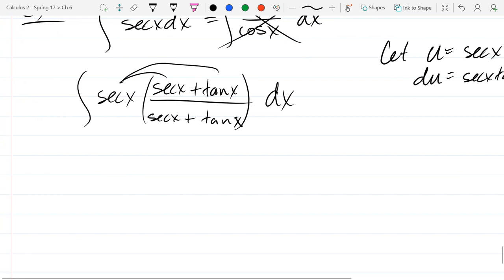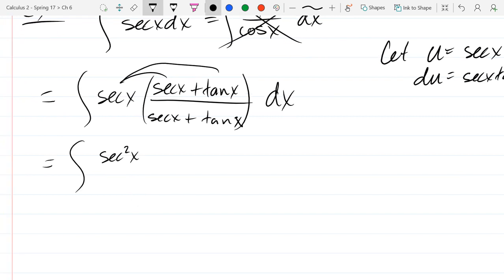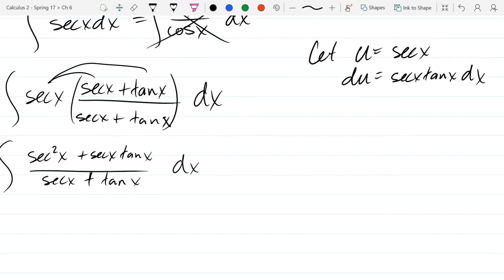This is just algebra. The du I just saw was basically that part that I circled. But unfortunately, there's addition happening, so I can't just make that substitution. If that was multiplication, it'd be a different story.